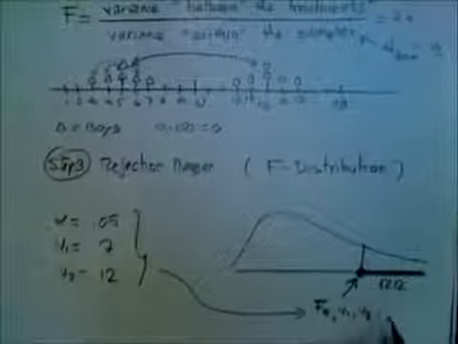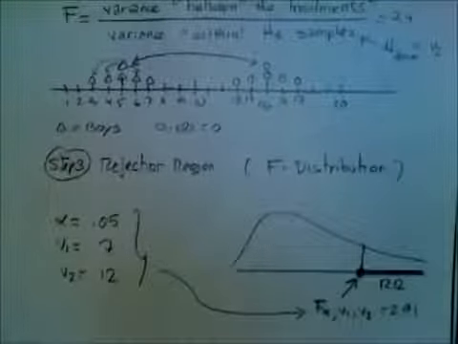First of all, we make sure that we're looking at the right table, 0.05, and then V1 is 7 and V2 is 12, so we are right here, 2.91. So the critical value is going to be 2.91.